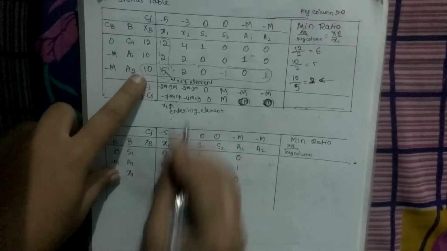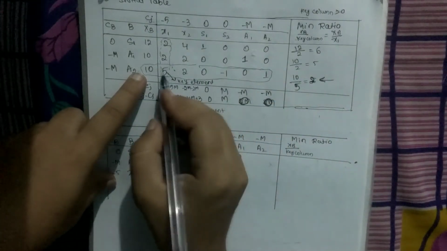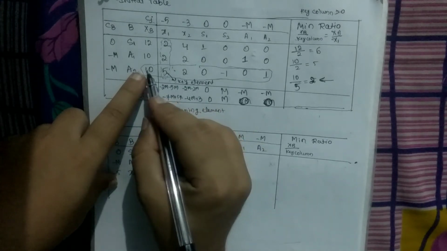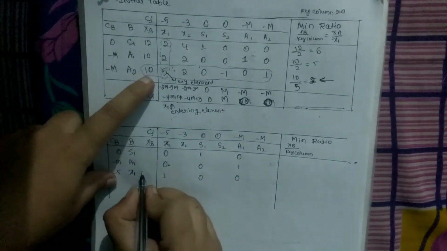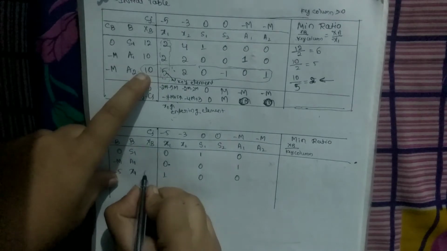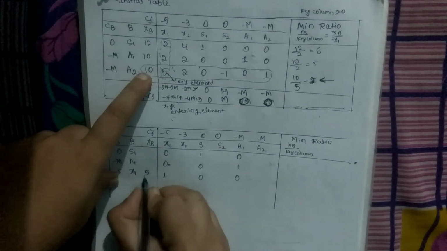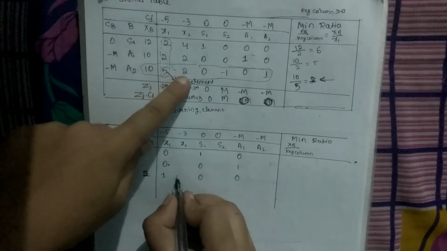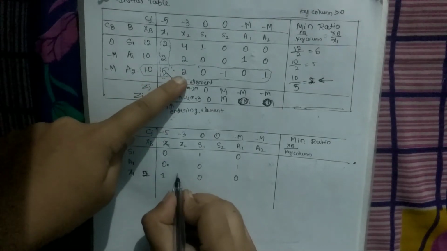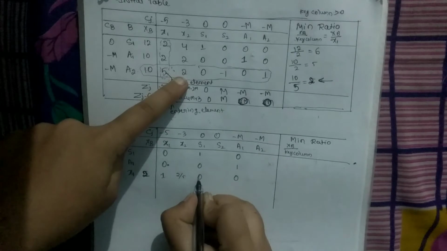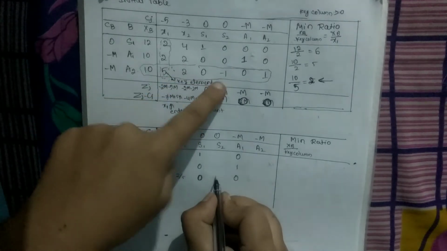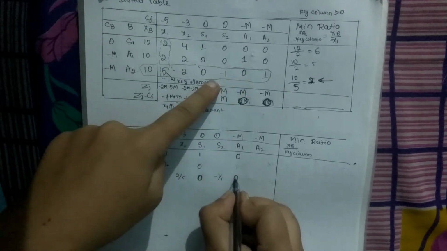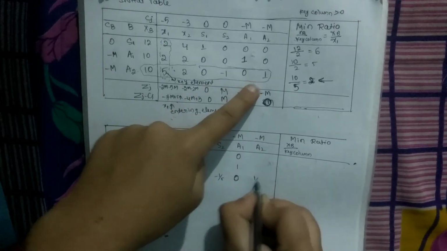and first which have the key row and which key element divide by key element, that is 10 divided by 5 become 2, 5 by 5 is 1, 2 by 5, 0 by 5 is 0, minus 1 by 5, 0 by 5 becomes 0, the next 1 by 5.